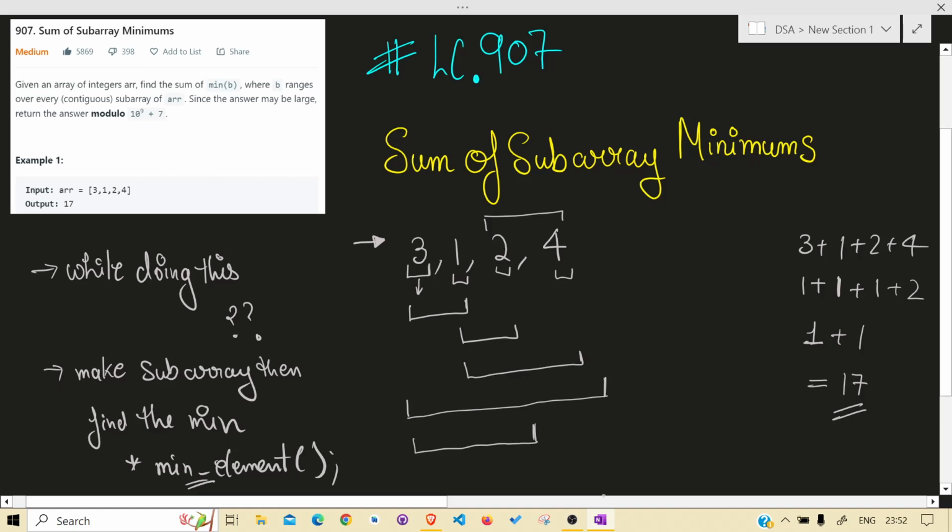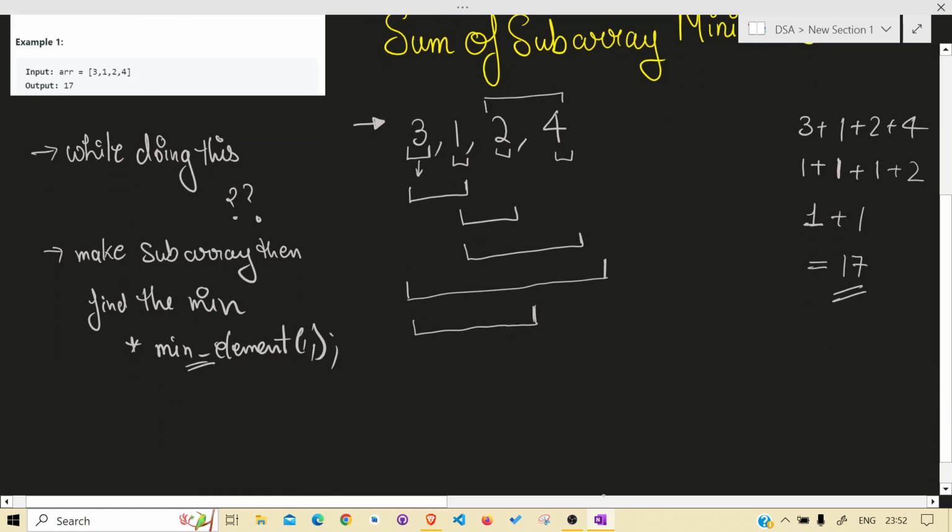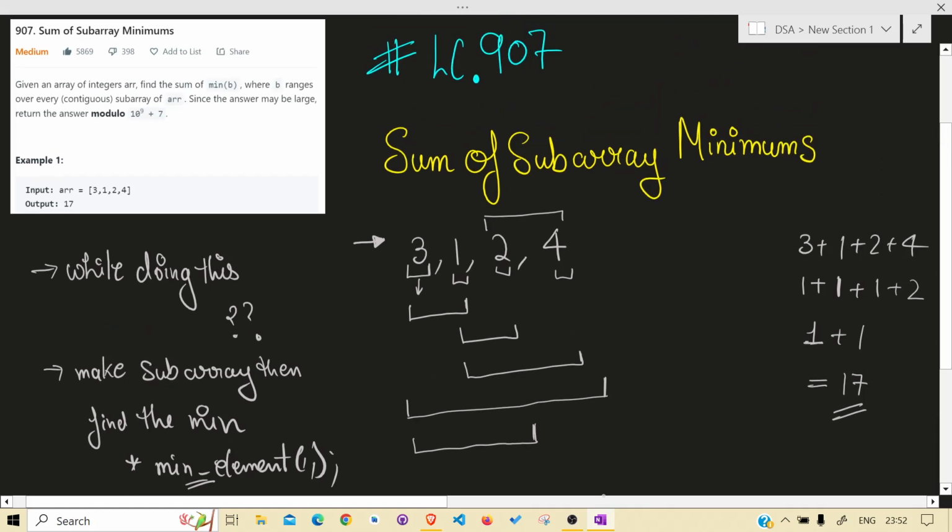This may be the syntax: the beginning iterator, the end iterator. That's it. Get the minimum, just add it. But it will be O(n squared) on an average. But can we do better?